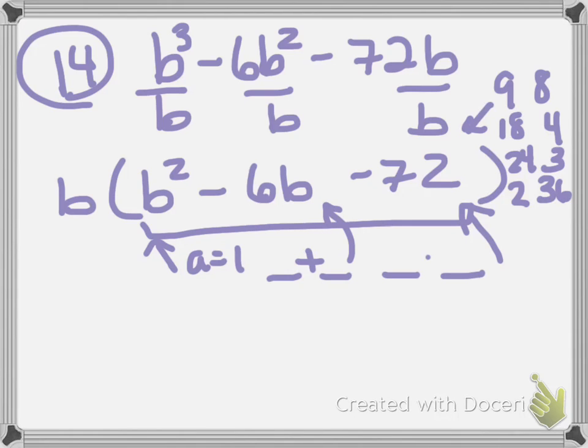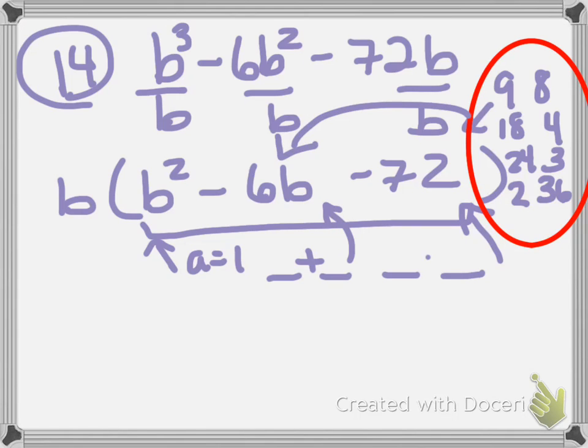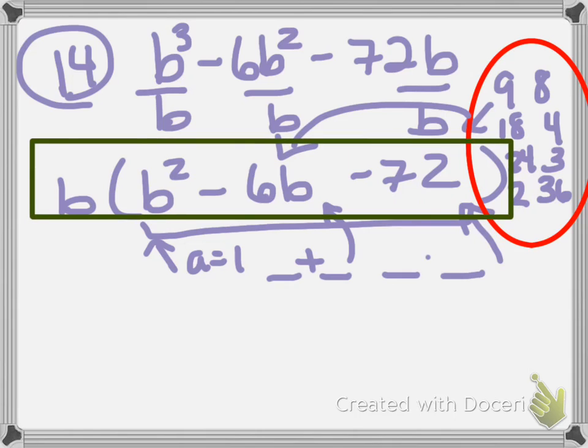That's not going to work. I believe we have all of our factor pairs here. That's everything that could multiply to get negative 72. As none of these pairs, when you put them together, will get you negative 6, number 14 is fully factored, with this being your answer right here.